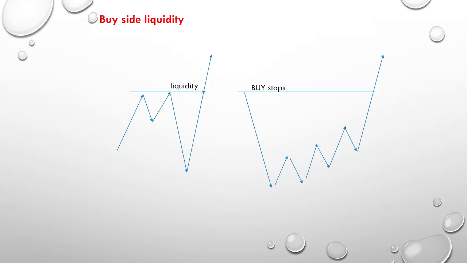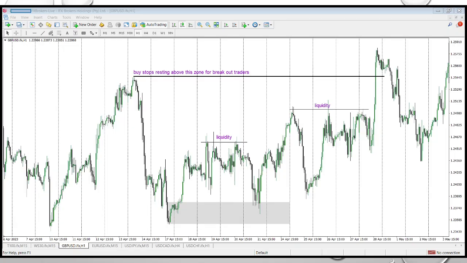Likewise, there are many people that have buy stops in the market, where they have pending orders to trigger them to buy after that high. Here's a visual representation of what I mean. Liquidity in this case was the double top on the 19th to the 20th of April.